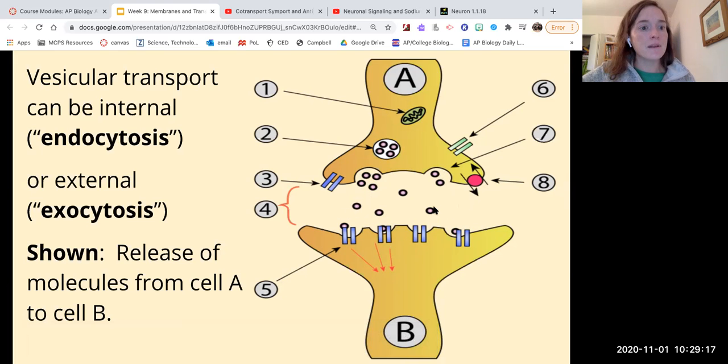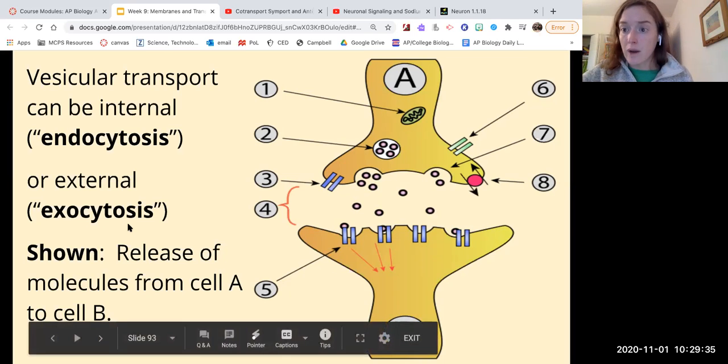So for cell A, the cell that's pushing the thing out, this is exocytosis, right? It's like, bye, exiting. For cell B, the same kind of process is bringing in these neurotransmitters. That's going to be endocytosis. So it's all sort of relative to which cell you're talking about and what we're referring to.